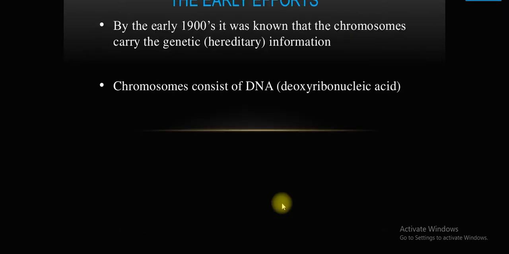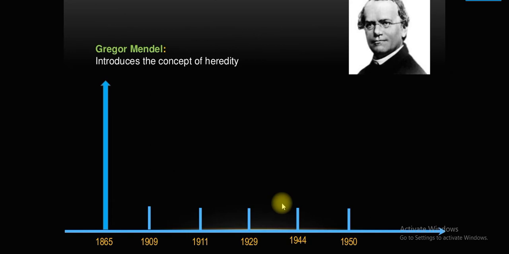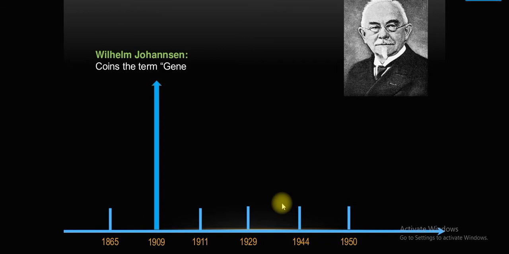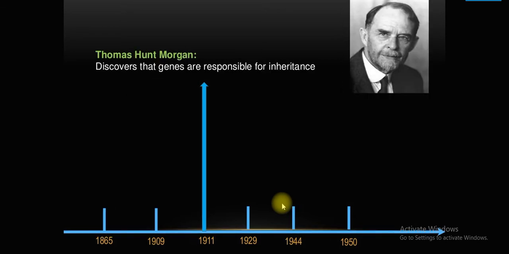The early history begins around the year 1900. It was known that chromosomes carry the genetic or hereditary information, and chromosomes consist of DNA. In the year 1865, Gregor Johann Mendel introduced the concept of heredity through his experiments on peas, and William Johannsen in 1909 coined the term gene.